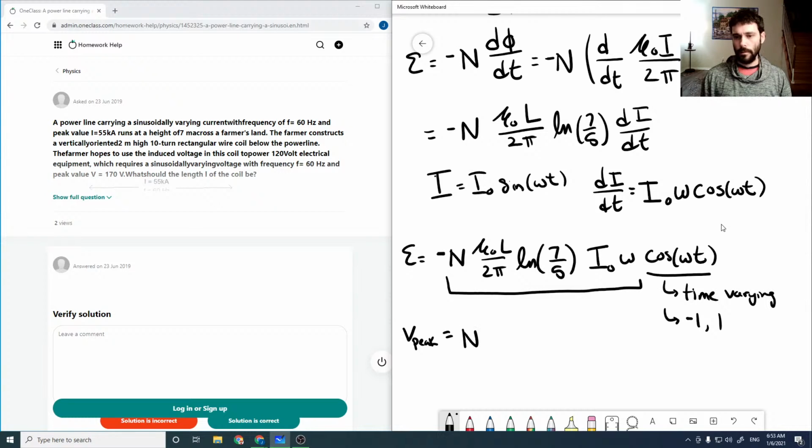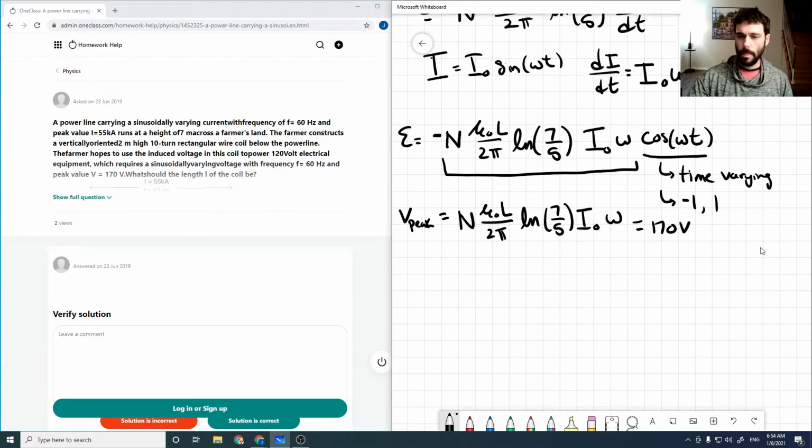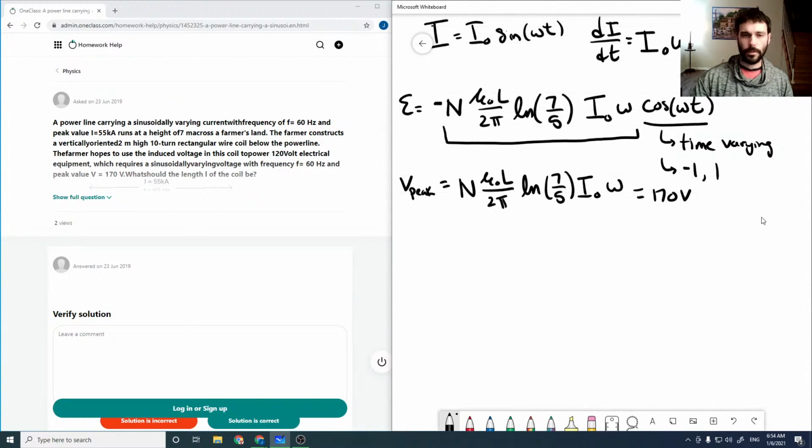So N, so this is our max. And we want this to be equal to 170 volts. We have all of our values now, and so we can start to plug them in. So it's 10 turns of coil. I'm going to get rid of this equal.